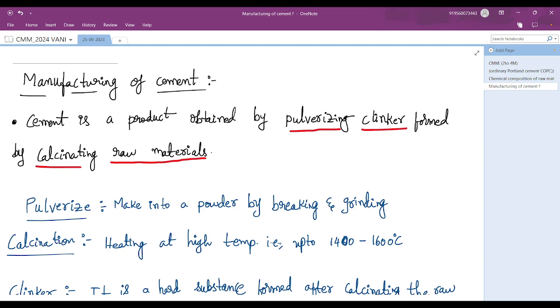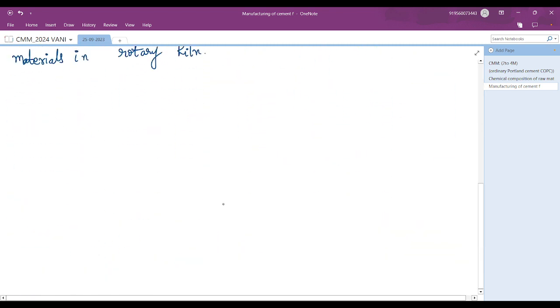Now let us see the steps involved in manufacturing. There are three steps. One is mixing.